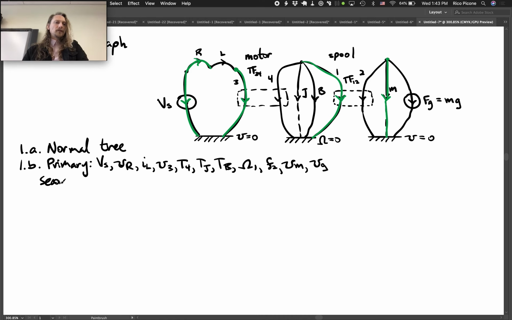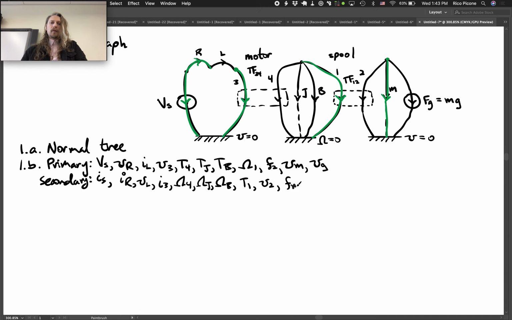Secondary. We have IS, IR, VL, I3, omega 4, omega J, omega B, T1, V2, FM, and FG.